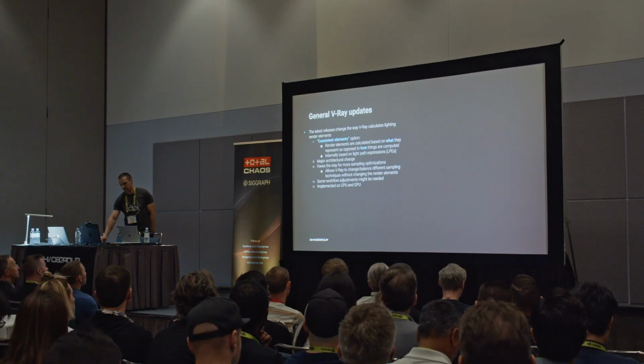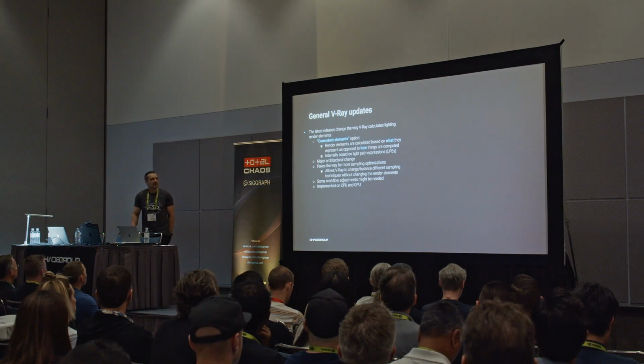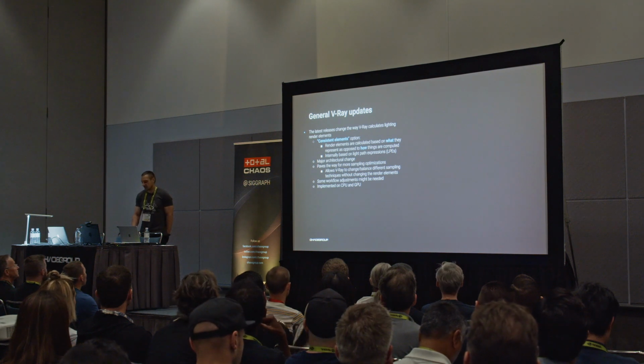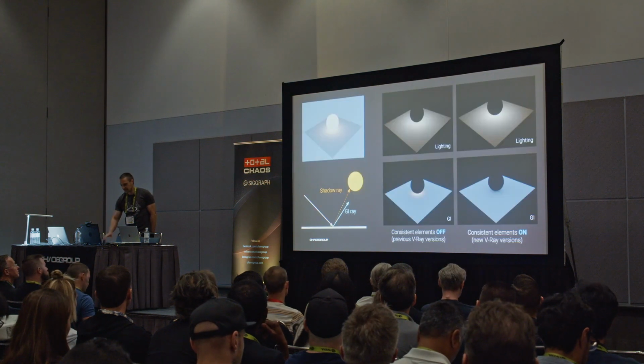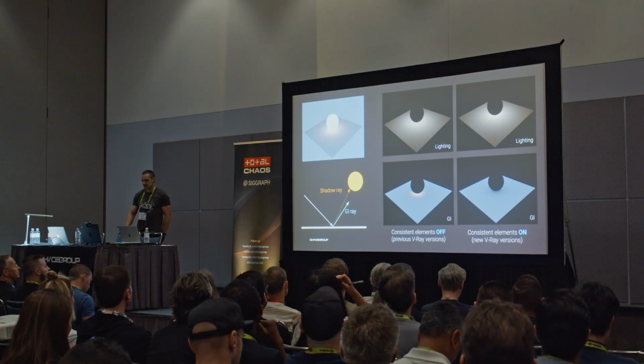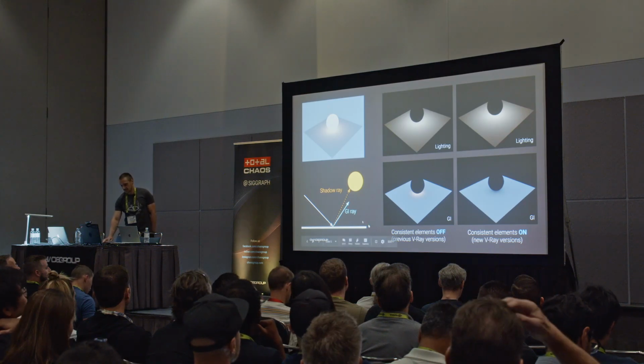And we did this change so that we can implement some optimizations in VRay, like the adaptive dome light, adaptive lights, and some other optimizations for the future. This is implemented both in the CPU and GPU, so they work identically. But basically, the idea is this: if you have a light source, this is a sphere light source, VRay calculates the effect of this light source on the camera ray.